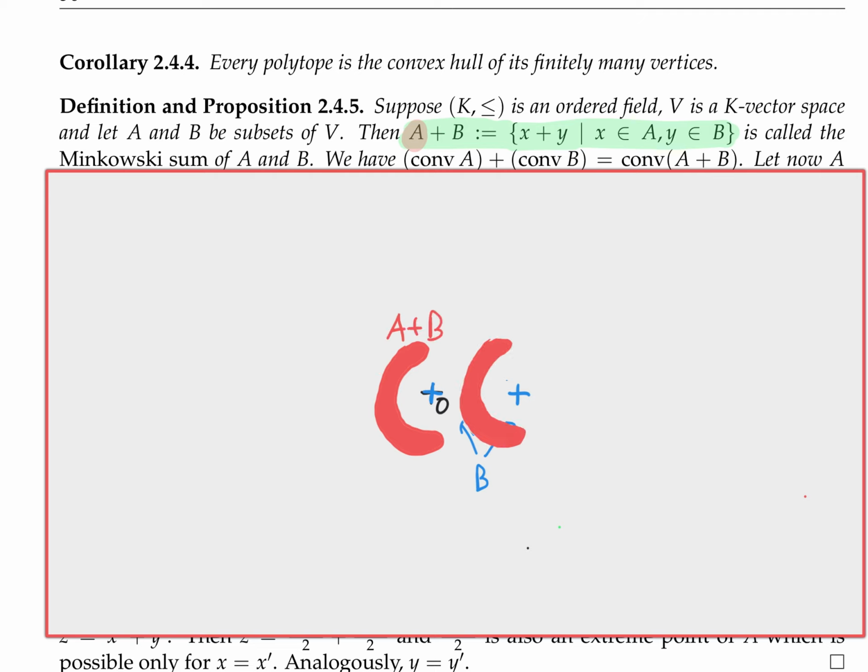Namely, it looks something like this, right? And now the convex hull of A plus B, how does that look? I guess that should look like this.